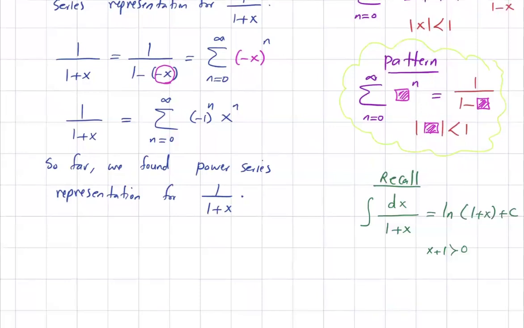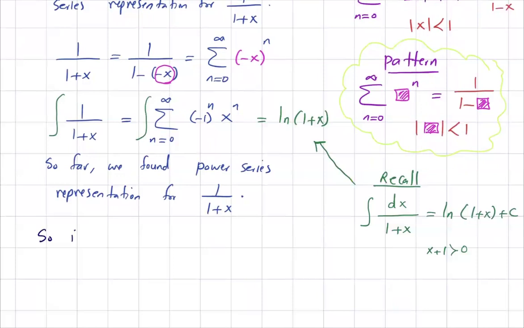So what does it tell me? It tells me, hey, if I take the integral of both sides, it must be equal to ln of 1 plus x. Very good.